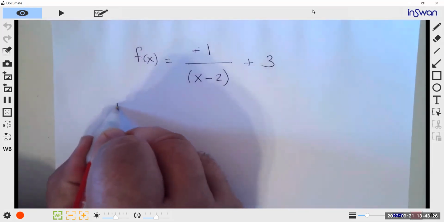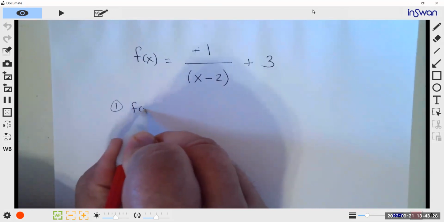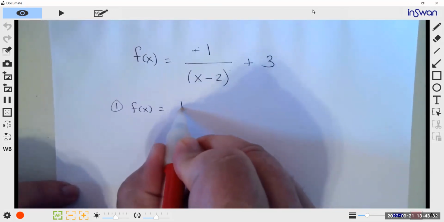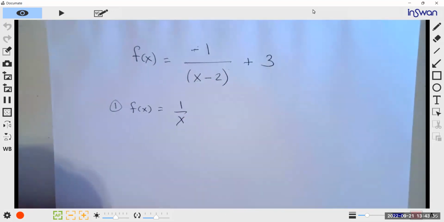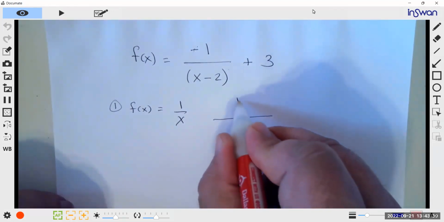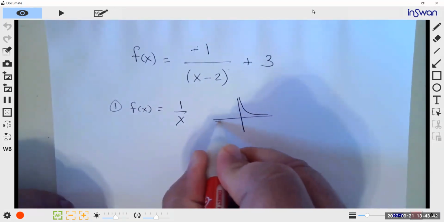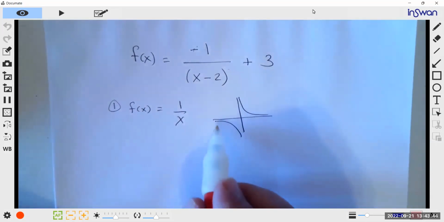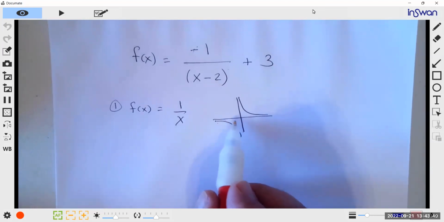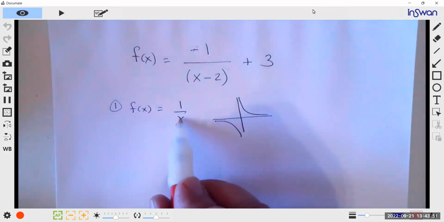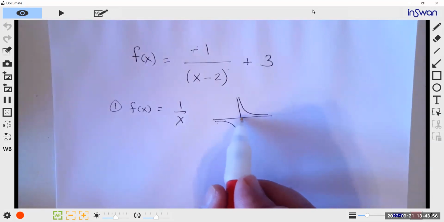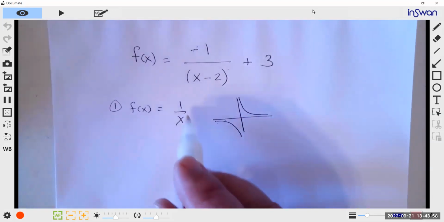So first step, what's the function? Since x is on the bottom, no exponent, it's 1 over x. And we look at our library of functions. 1 over x looks like this. Because when x is negative, y is going to be negative. So the bigger x becomes, the smaller y is. And conversely, the smaller x becomes, the bigger y is, because it's a fraction.